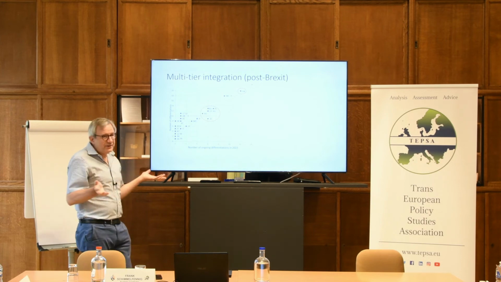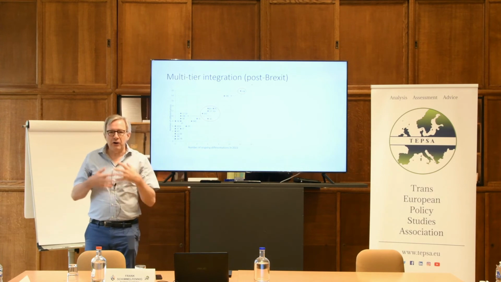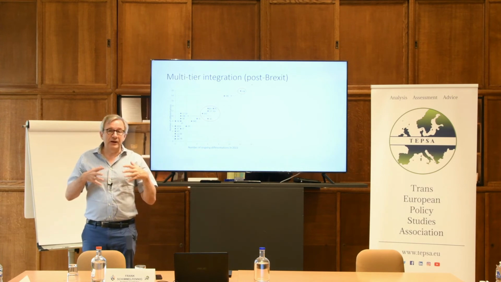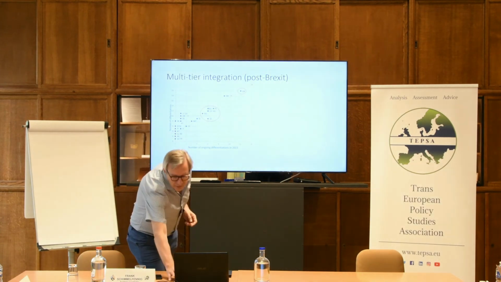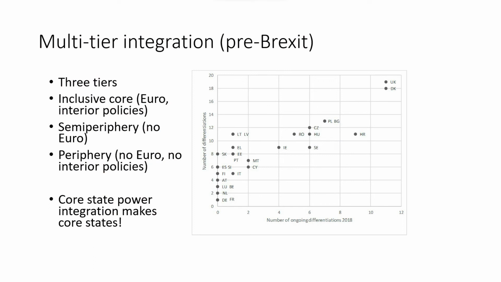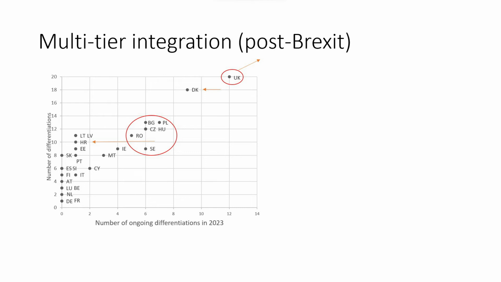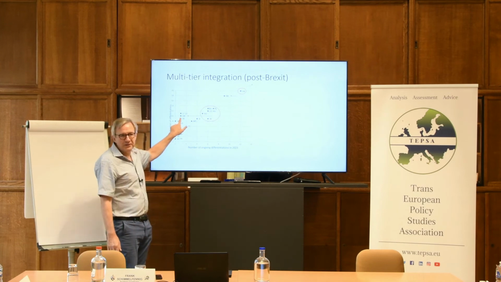We have a very nice example, just by comparing 2018 to 2023, of how the system allows for mobility. If you look at Croatia, it's been out here in 2018. Once it becomes a member of the Eurozone in 2023, if nothing goes wrong, it's going to be in the core.